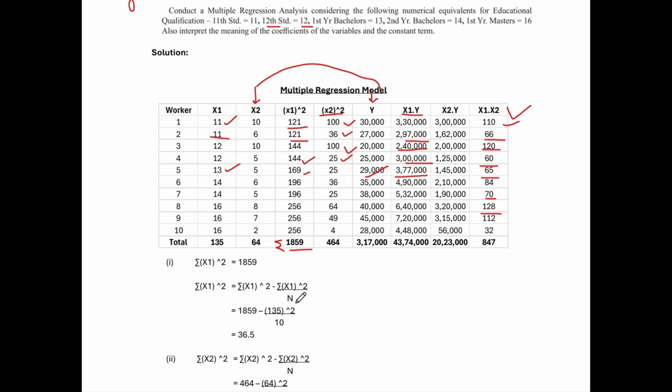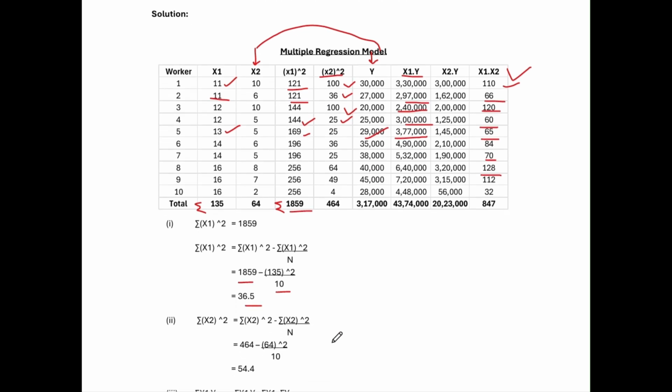Sigma x1 square is 1859 and sigma x1 is 135. 135 square divided by n, total n is 10. Further, if we calculate, we will get 36.5.